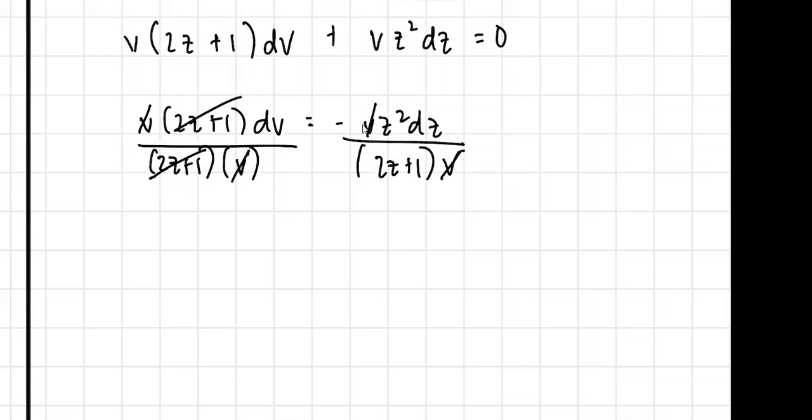So we have dv equals negative z squared dz over 2z plus 1. Okay? So once we have that, what happens next? Next is integration, right?